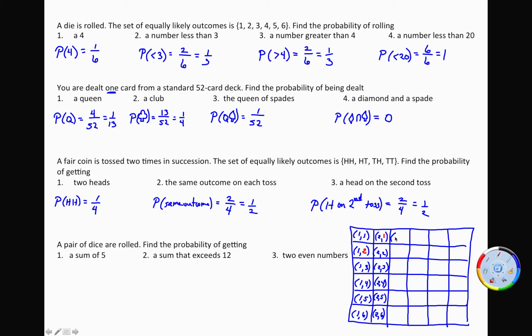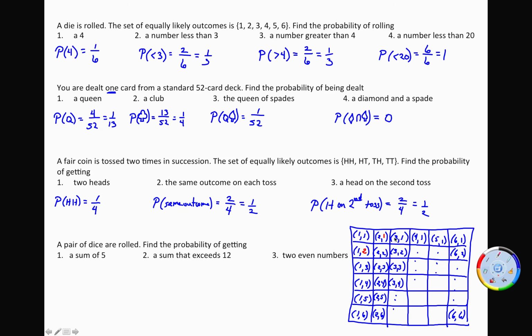And then we could just continue filling out this chart, imagining that if the first die is a 3, then the second one could be a 1, or a 2, or a 3, etc., etc. And I could continue the chart by thinking about the first die being a 4, a 5, or a 6, and then the second die being a 1 or a 2 or a 3, all the way down to the second die also being a 6.